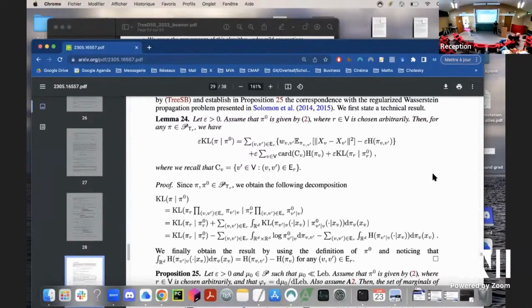So Valentin made the calculus just for two nodes because it's really easy to see. So when you have this thing, it's always this.